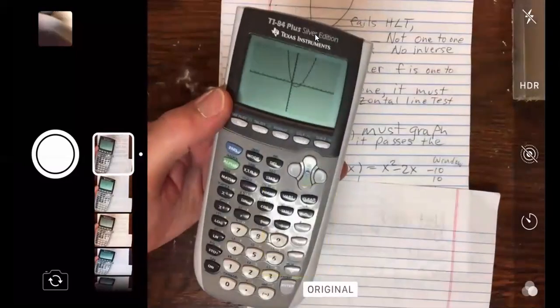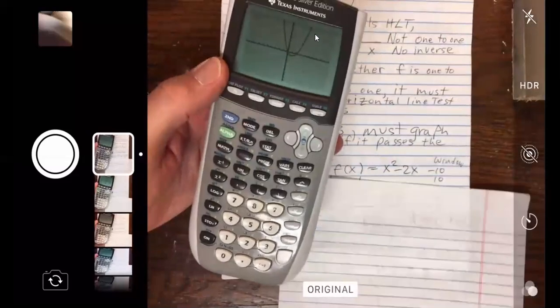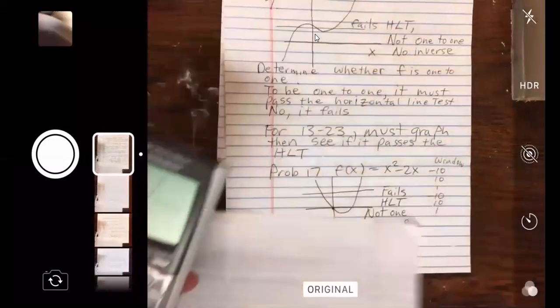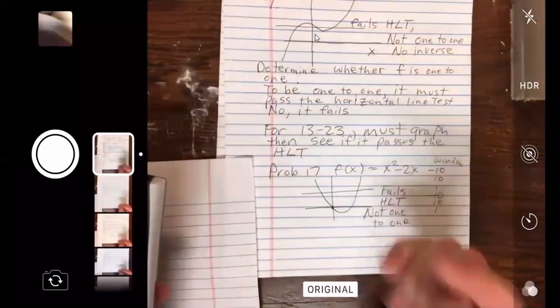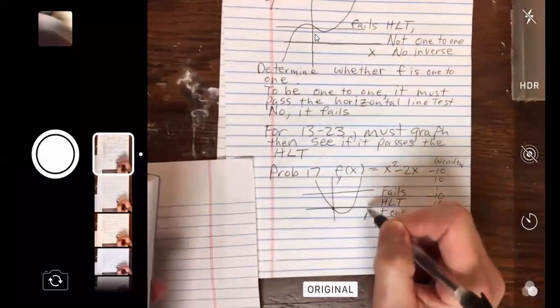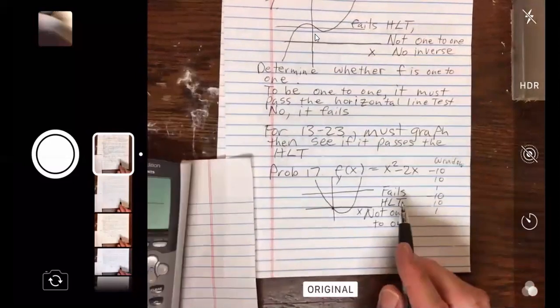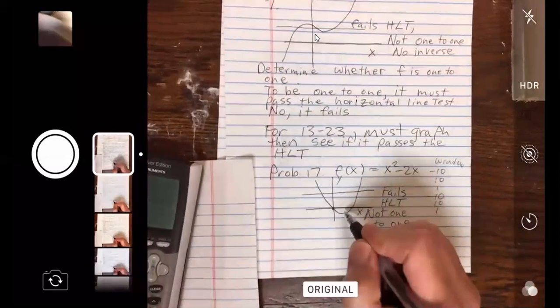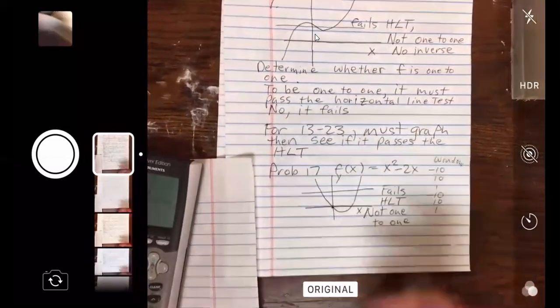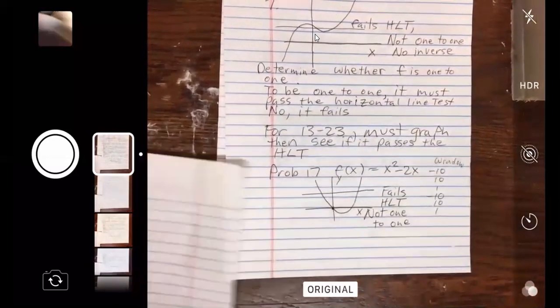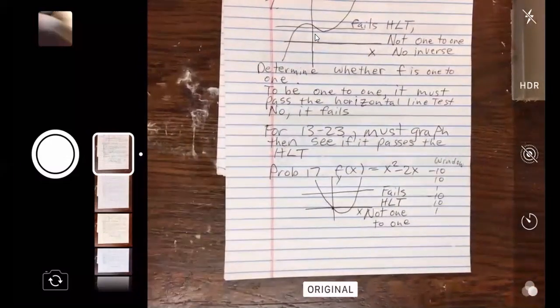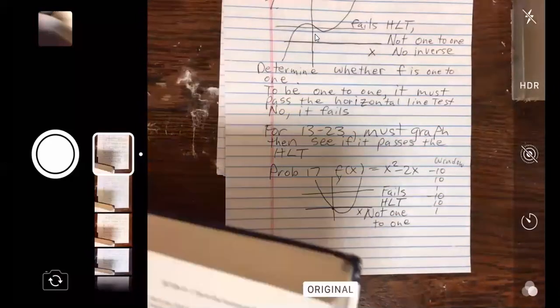Horizontal line test. It'll fail. Yeah, it's going to fail. So I drew a quick graph here. Here's the y-axis and x-axis. And yes, it fails your horizontal line test. It's not one-to-one. You would have to cut it in the middle and restrict the domain to one half of it to get it to pass. That goes down from 7 through, let's see, 13 to 23. Do you want to see any others?